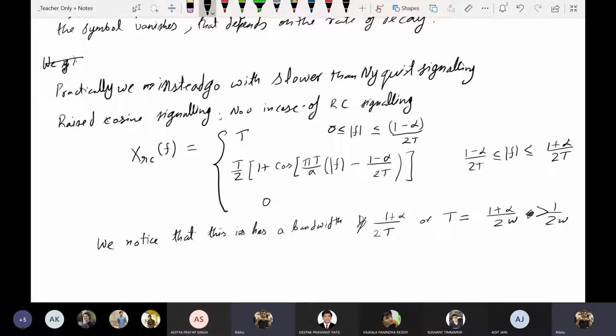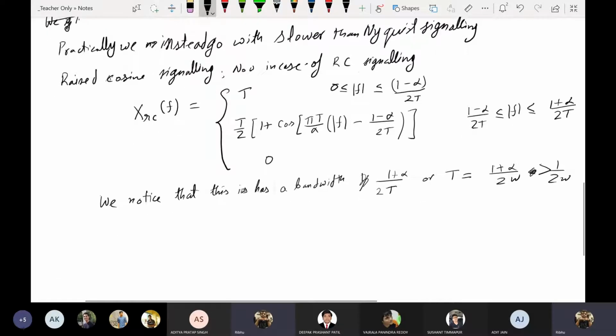So this is suboptimal in terms of bandwidth, and this alpha, or rather 1 upon 2W, I would write it this way: W equal to (1 plus alpha) upon 2T.